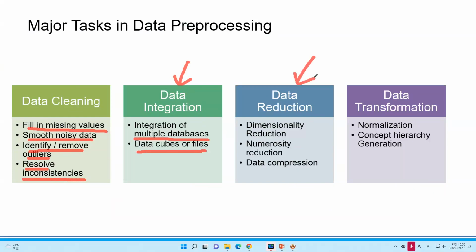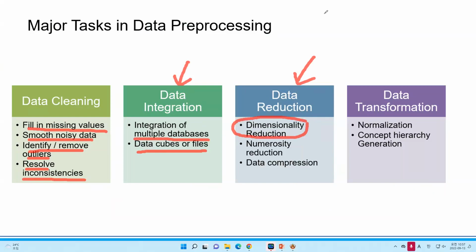And there are also issues about data reduction. When your data is too big, you know about big data. But usually big data is not about efficient data analysis. So we want to reduce it. We call this data reduction.